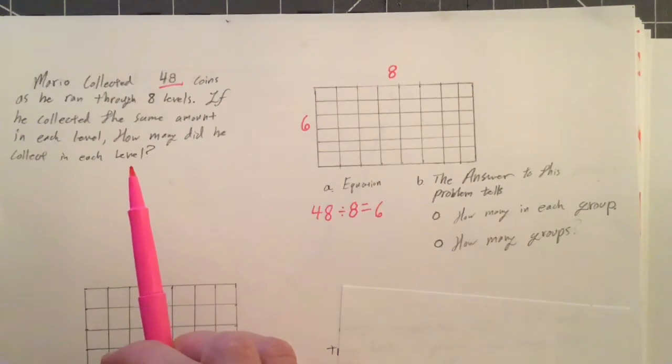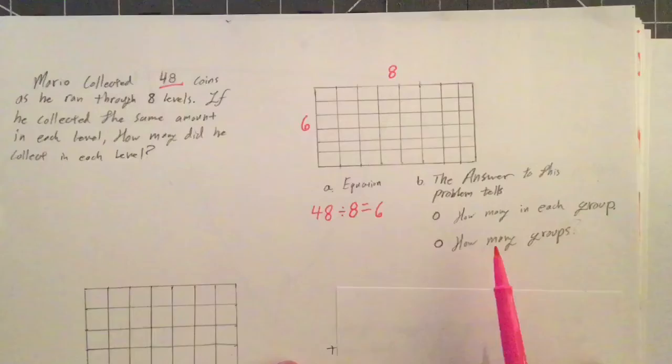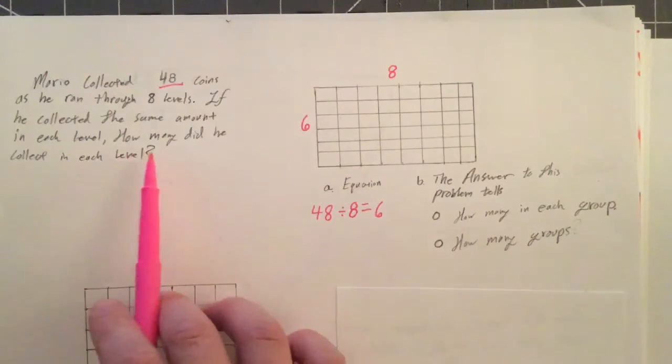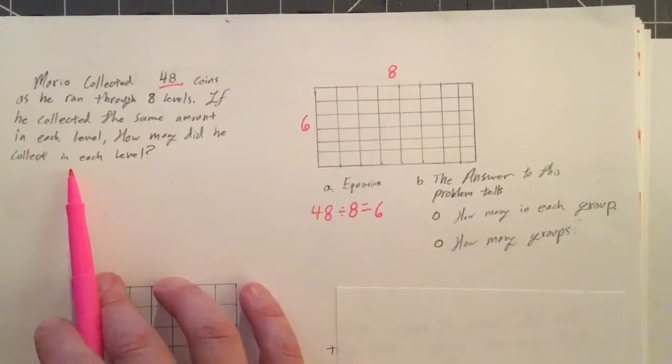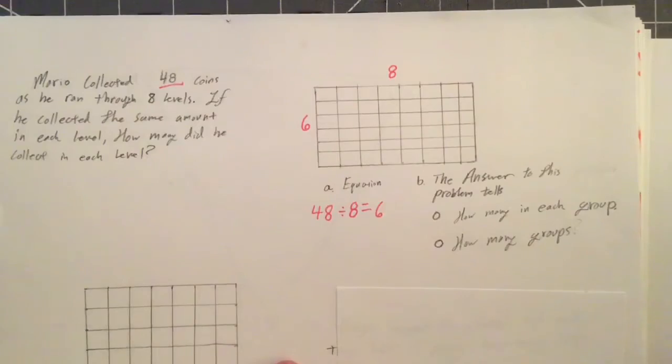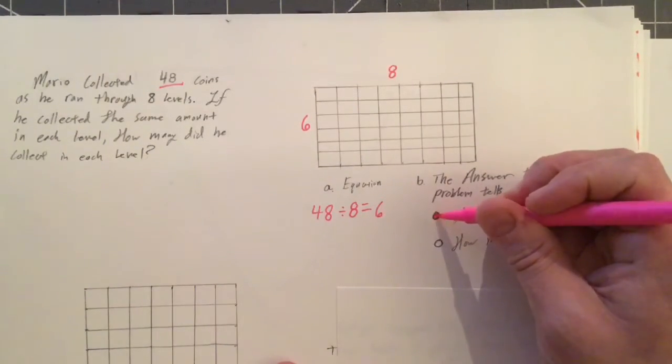Each level in this particular situation is like a group. So it's not, is it how many in each group or how many groups? How many did he collect in each level, that is in each group? So we were looking for how many in each group.